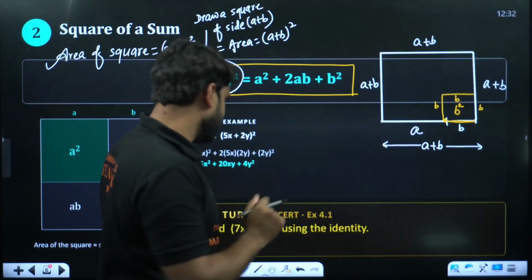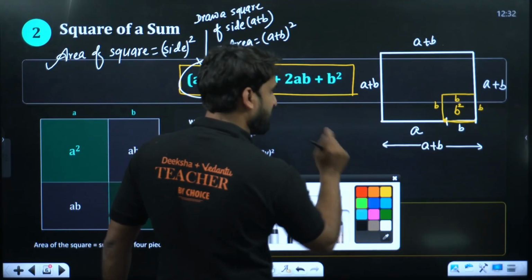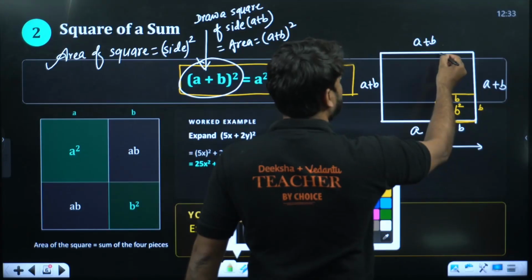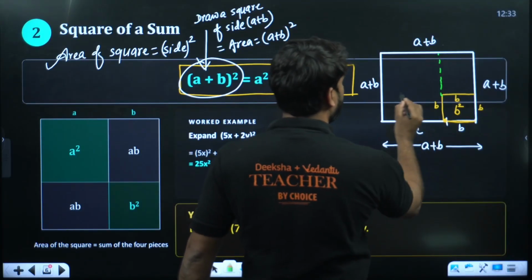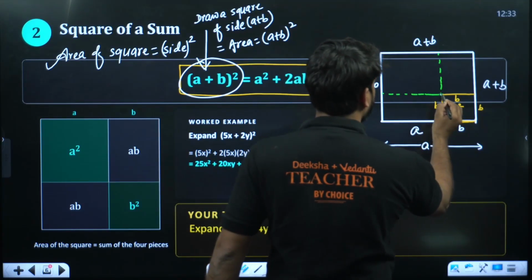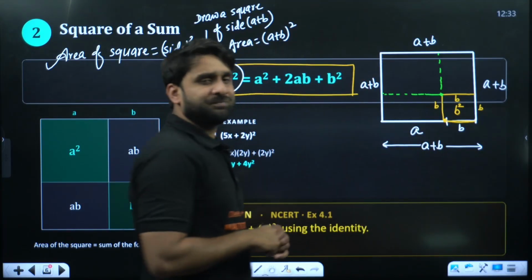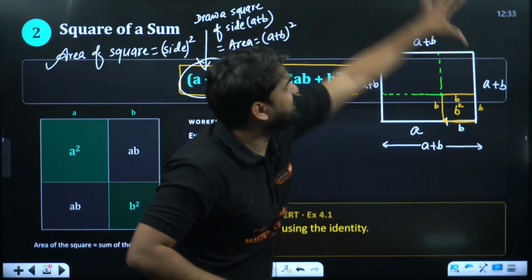Now do one thing. Let me use the green color. Join this corner from there and this corner from there. Now, my dear, if I ask you to find the area of this entire square, it will be equal to the area of this compartment, this compartment, this compartment, which is, let's say, 3, and this compartment. You agree?